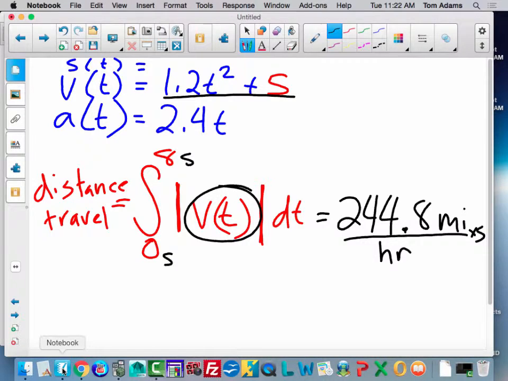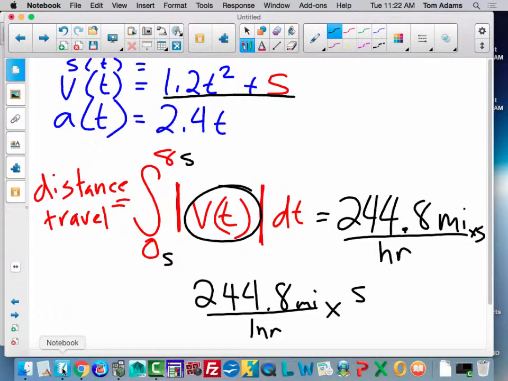So we have to do a conversion factor. 244.8 miles per 1 hour times seconds. We can do it per second or per hour, but basically I've got to cancel out this seconds thing.